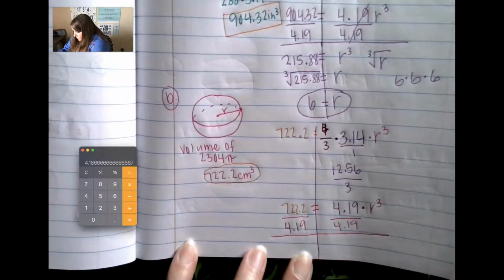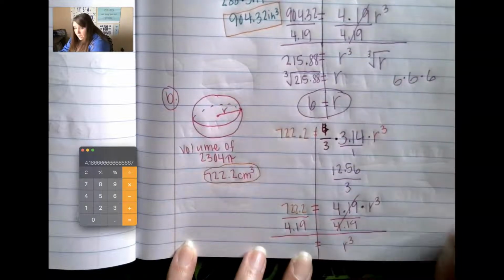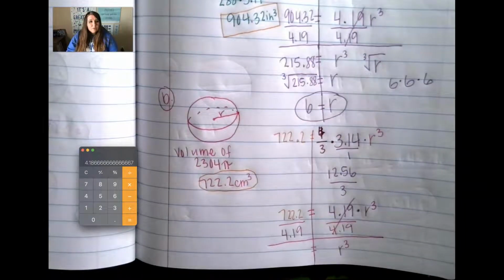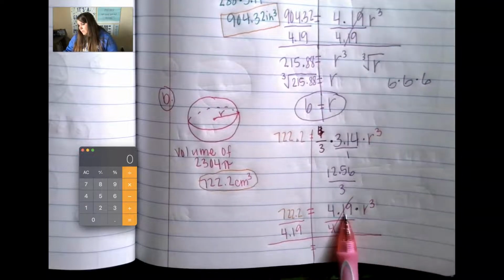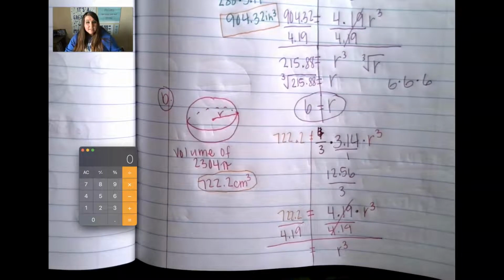Hello, where is my brain? Okay, so you get r cubed and r cubed. This is where it makes sense now. So this is where the new numbers will come in. Every sphere, when you're looking for the radius, is going to be 12.56 divided by 3, and so on, because that beginning of the formula is the exact same.